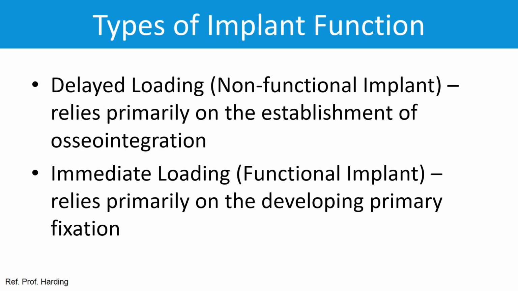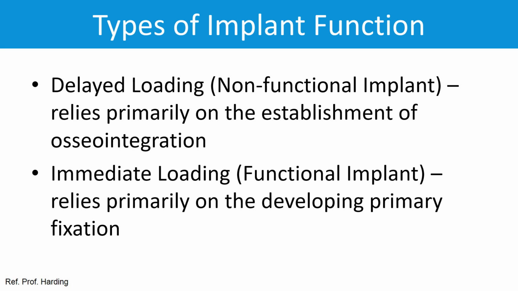Now, there are also types of implant function which depend on the type of bone connection to our implant. So we have the delayed loading protocol. This is placing the implant out of function, either by just keeping it out of the occlusion or by burying the implant under the patient's gum.